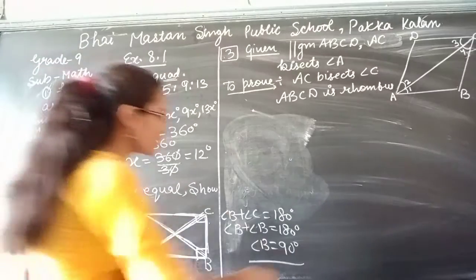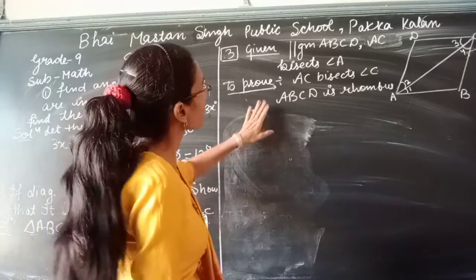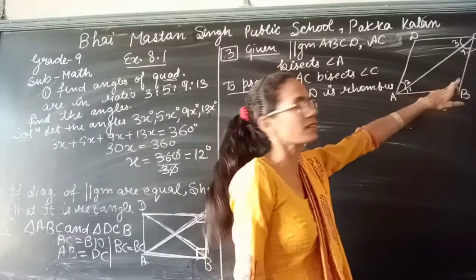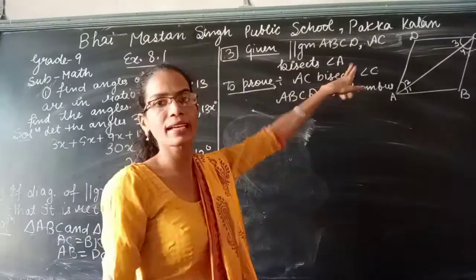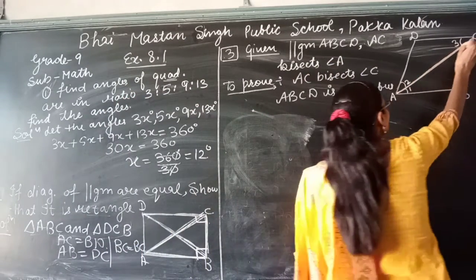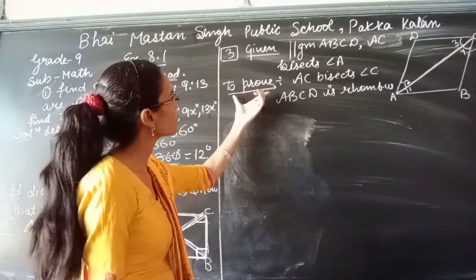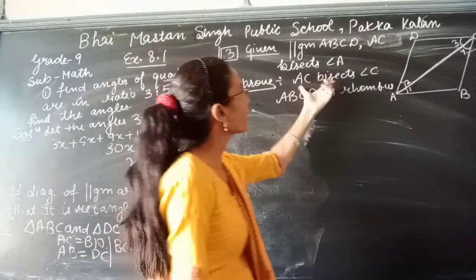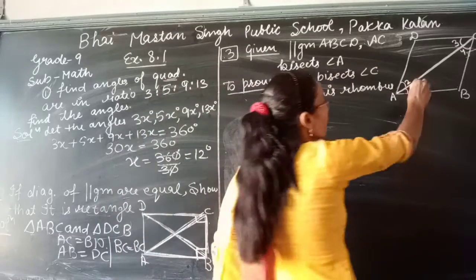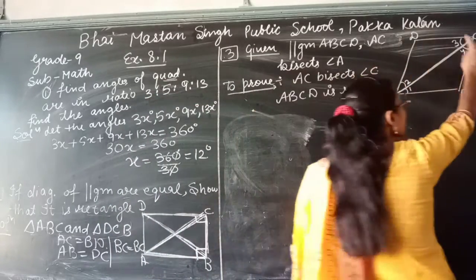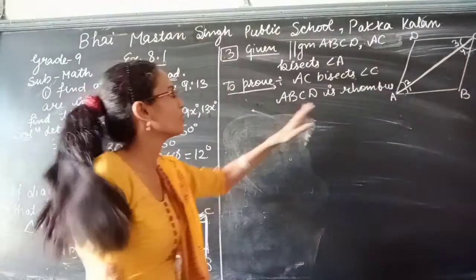Yes. Next we are going to do our next question, which is very easy. Given a parallelogram ABCD, show that AC bisects angle A, and second, prove that AC also bisects angle C. It means you have to prove AC bisects angle A, and also that it bisects angle C. We then show it is a rhombus.